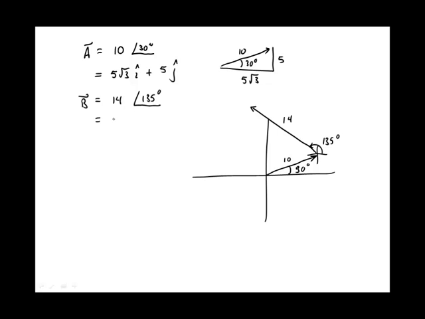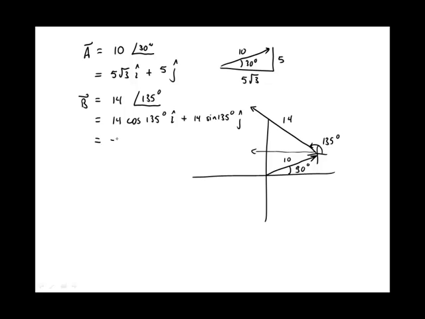Then this can be written as 14 cosine of 135 degrees, because that's the x component moving along in this direction, cosine of 135 degrees in the i hat direction, plus 14 times the sine of 135 degrees in the j hat direction. Now notice the cosine of 135, if you work that out, you're going to get radical 2 over 2, but it's going to be negative.